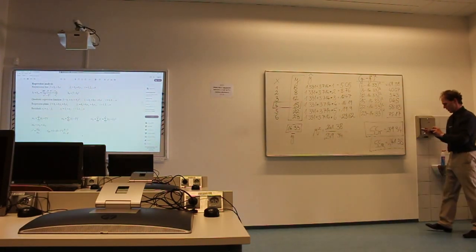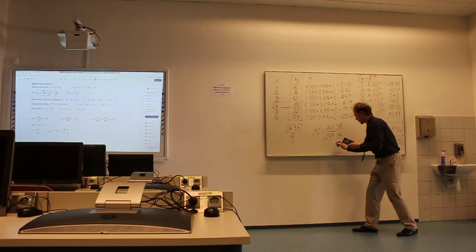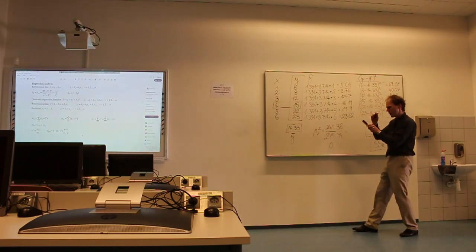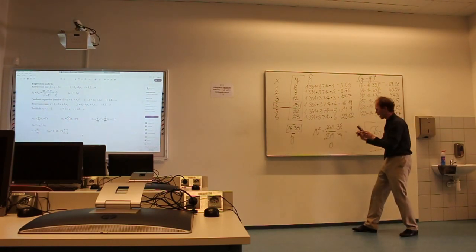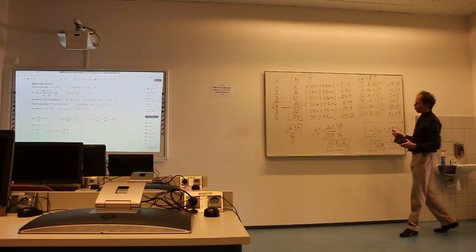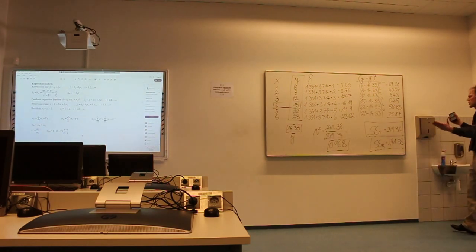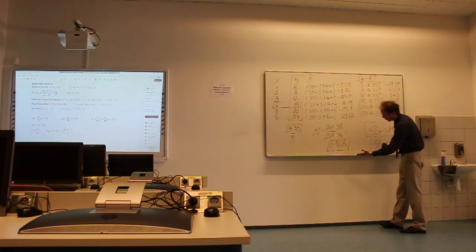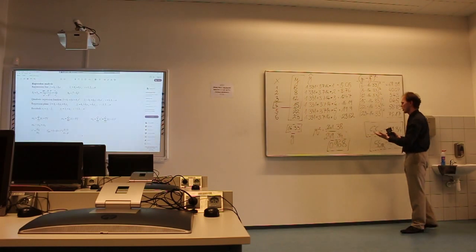Okay. 241.38 divided by this value, the result is 0.968. So this is R squared. This is index of determination, coefficient of determination.